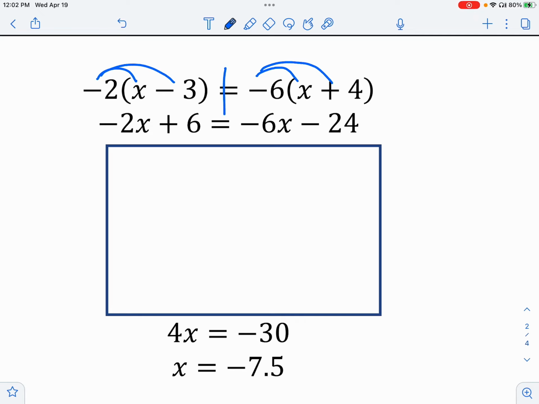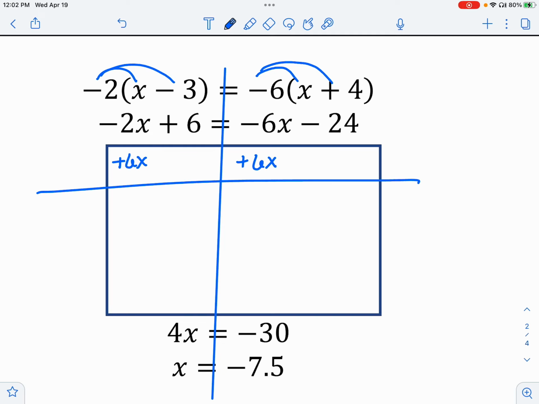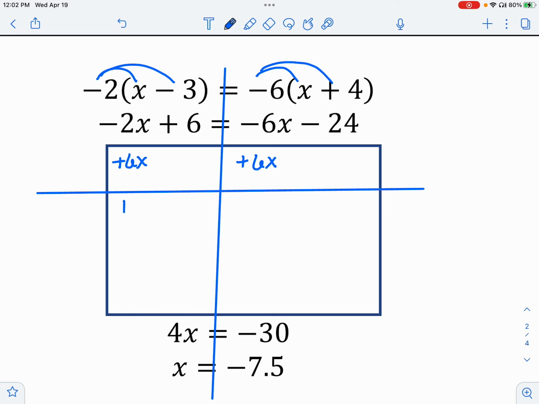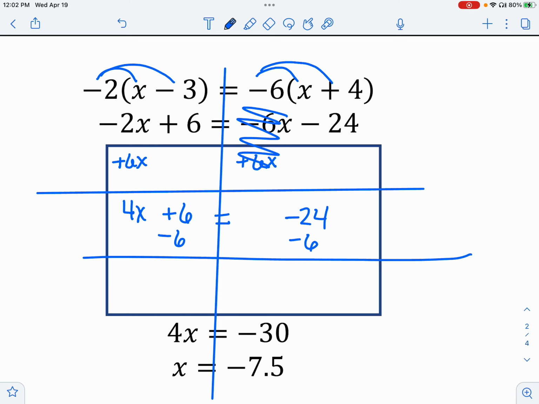Well, if you've been with me long enough, you know I always draw this fence, and I like to take my x's to the left. So I personally would add 6x. That would give you positive 4x plus 6 equals negative 24, because these will go away. Then we would minus 6 on each side and get 4x equals negative 30.